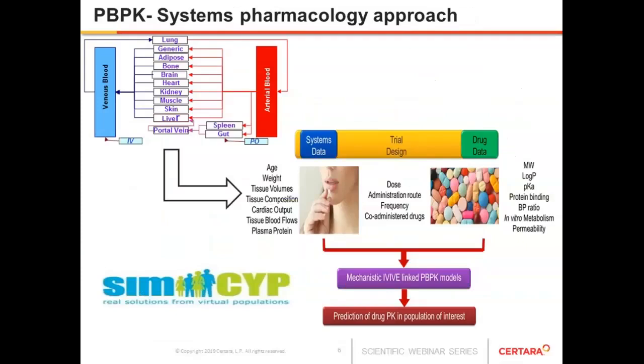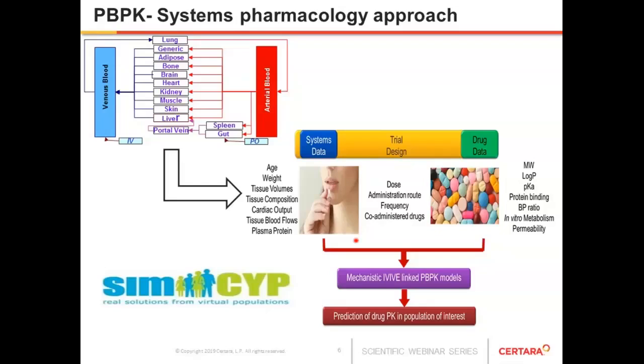This really means that it's a model that enables you to define the pharmacokinetics of a drug based on the knowledge of the physiology of the blood flows of the system of interest, and also the partition of the drugs in question into the different organs of that system. So for instance, for a human being, if you have knowledge of the physiology of the blood flow, and an understanding of the partition of the drug you're looking at through the different organs of the human body, you can aid in predicting the PK.